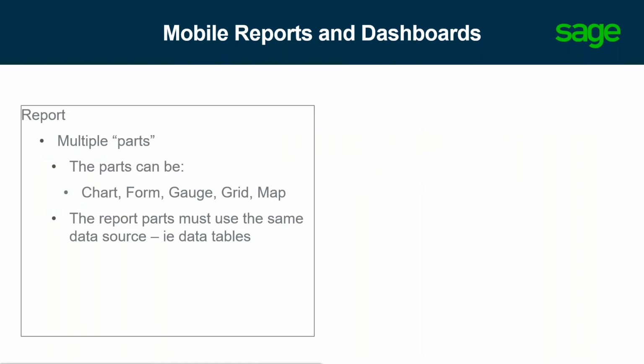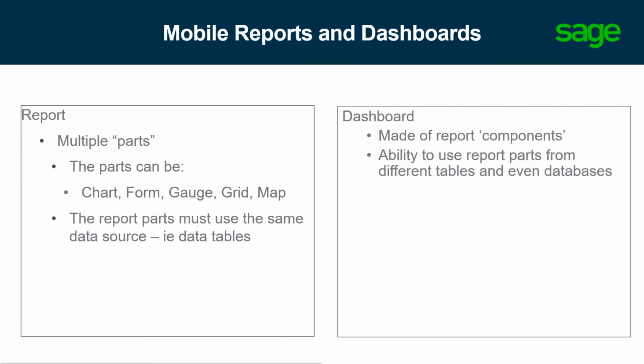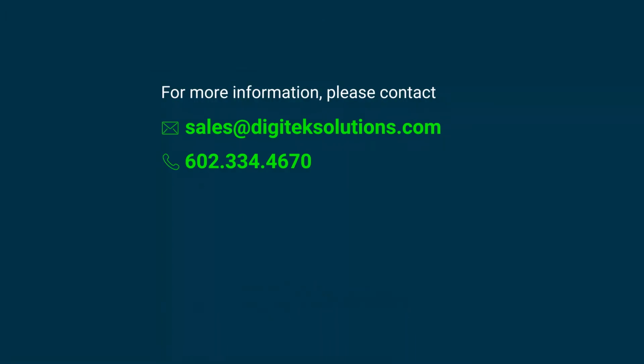With our mobile dashboards, we've broken it out into a few components, specifically report parts, which can be visual representations of charts, forms, and additional features that are specific per application. Those parts or components are then added to dashboards that can be easily manipulated and updated or customized for your admin users, and they're able to present that information at a high level to anyone in the company who may need visibility to that.